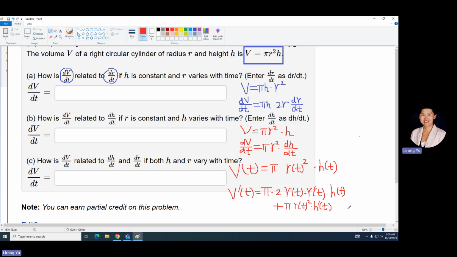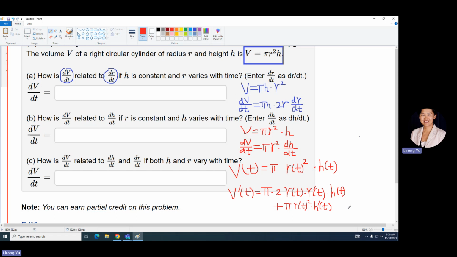Now, if we want to write it into the solution that Webwork accepts, we probably don't have that t explicitly, even though it is a function of time. So we'll write 2 pi r dr/dt times h. So this part is identical to the first one; it's really 2 pi r h dr/dt. Now this is going to be pi r squared dh/dt, which is exactly what we have here.